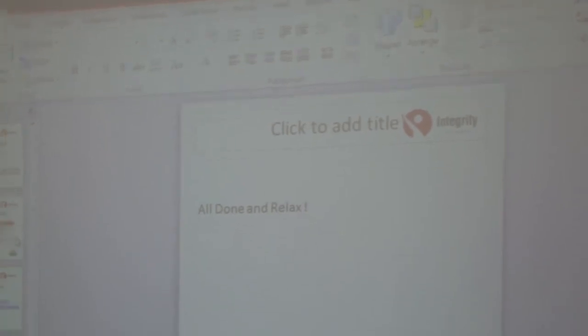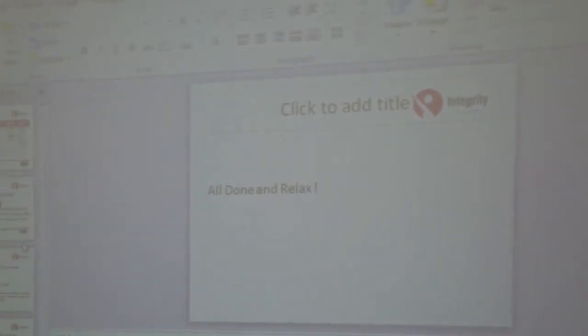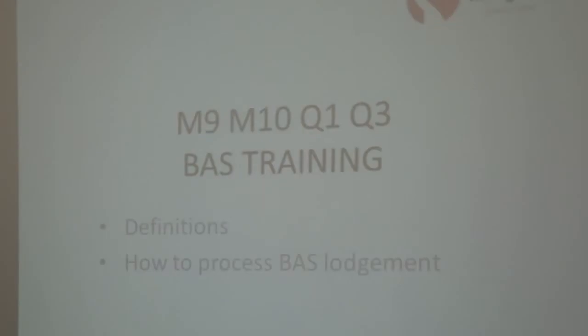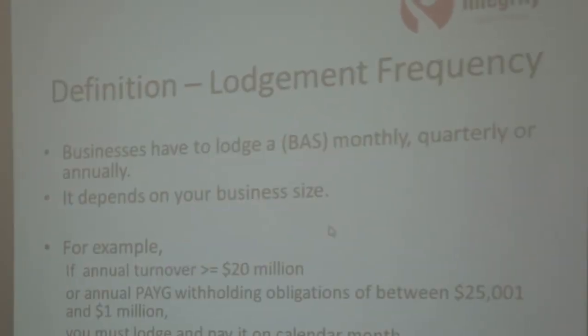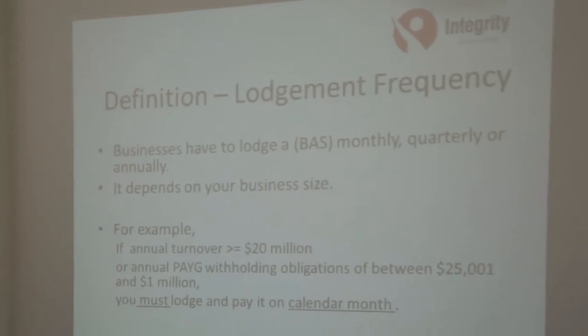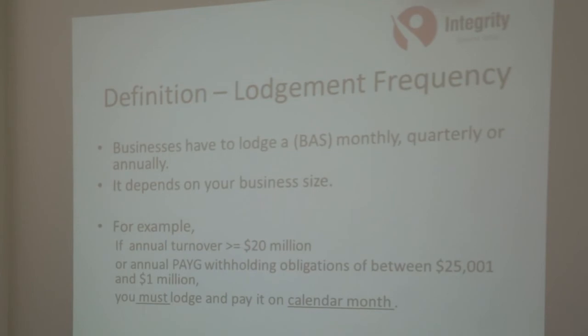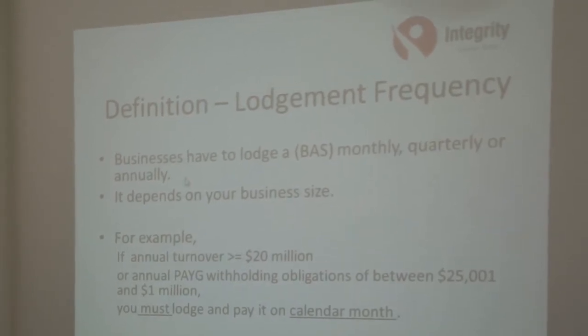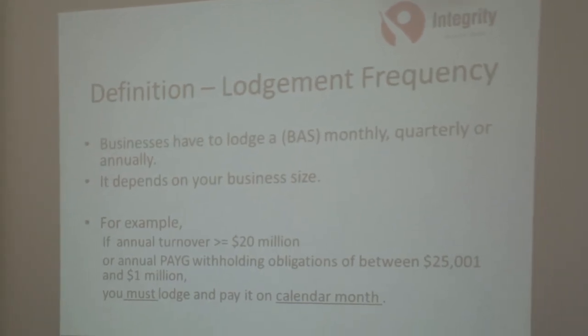And just now you said the lodgement frequency. You said three methods. Is monthly, quarterly, and what's other? Annually. Yearly. PAYG and BAS.